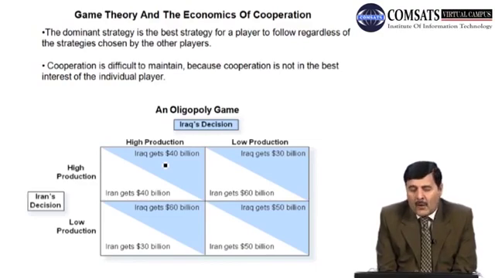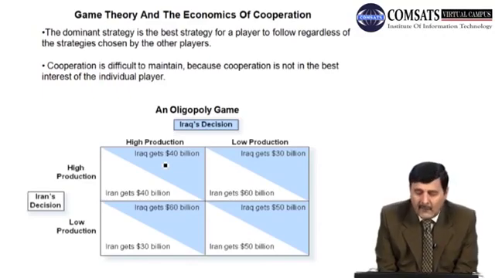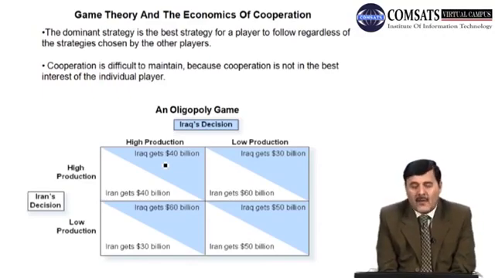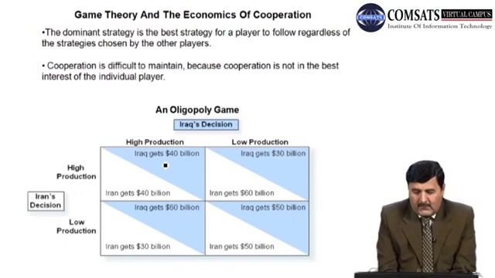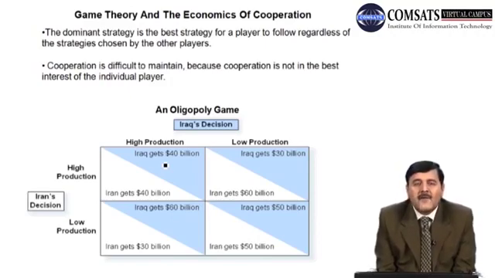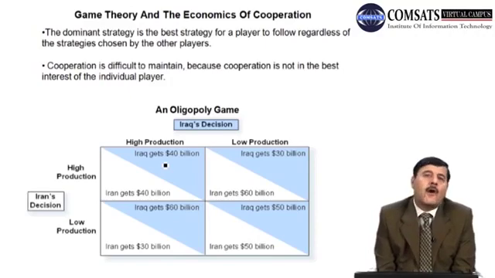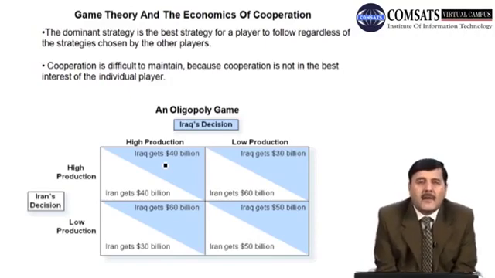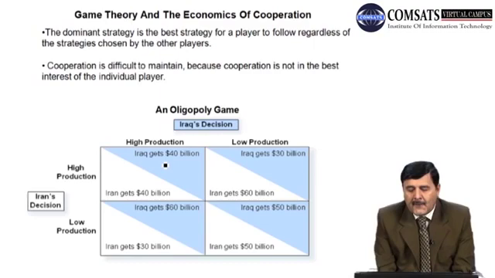When we come to the fourth box, when they cooperate with each other, if they form a cartel and decide to produce oil at a low level, they will get 50 billion US dollars. So this is if they cooperate with each other and decide to produce oil at a low level, both countries are getting 50 billion US dollars in return, right?